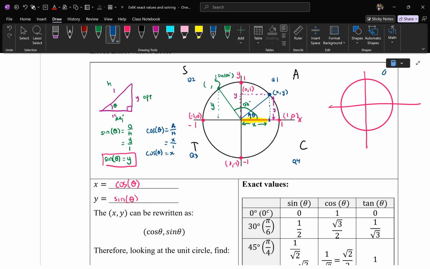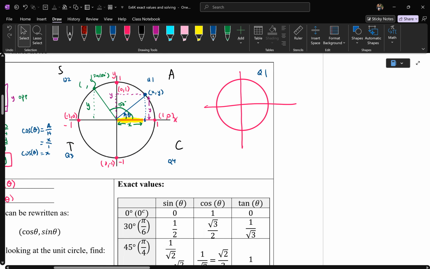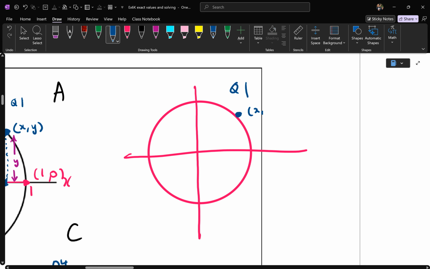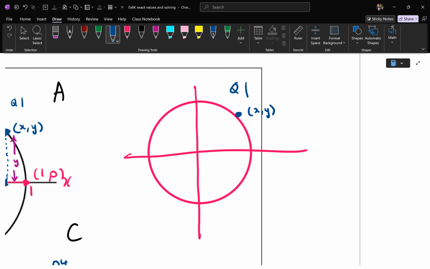In quadrant 1, if I just solely looked at this point, or any point, what I can already tell is that the x coordinate is in the positive region. That coordinate there is in the positive region for the x values, and it's also in the positive region for the y values. So on your y-axis, whatever this y value is, I know that's going to be positive.